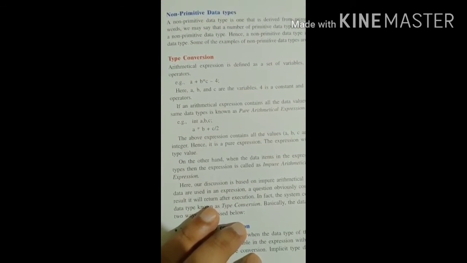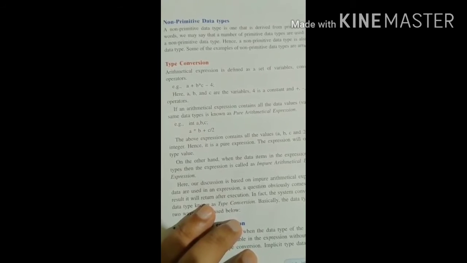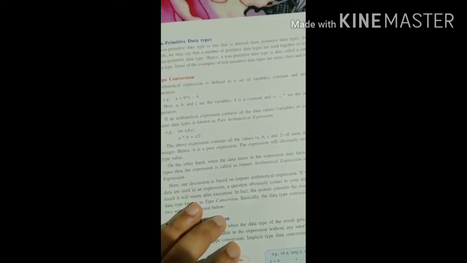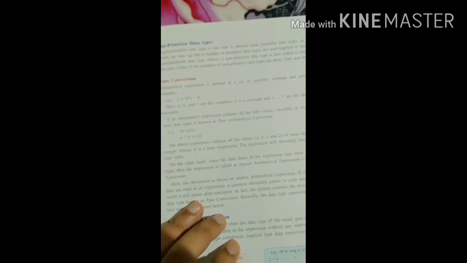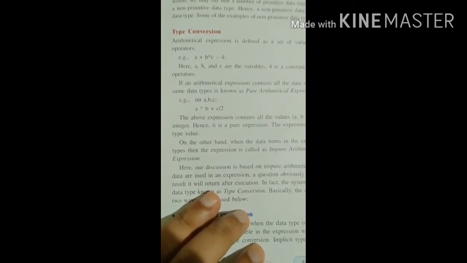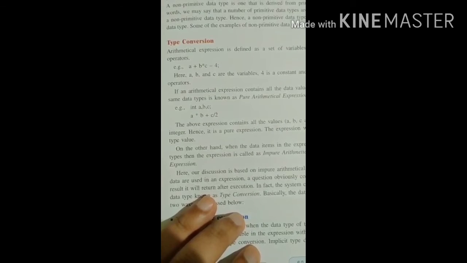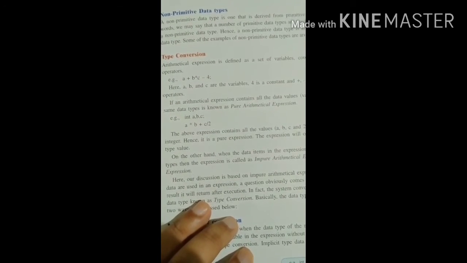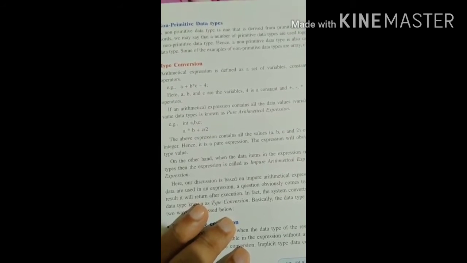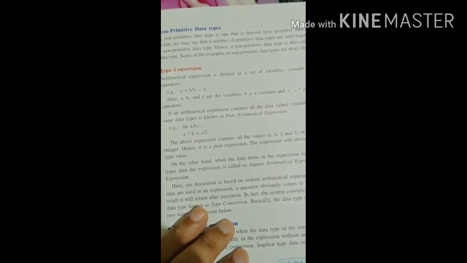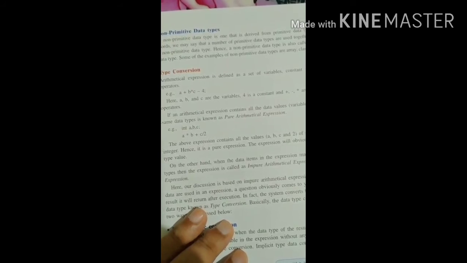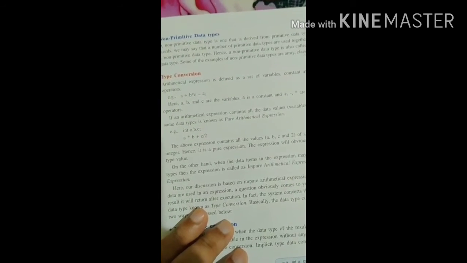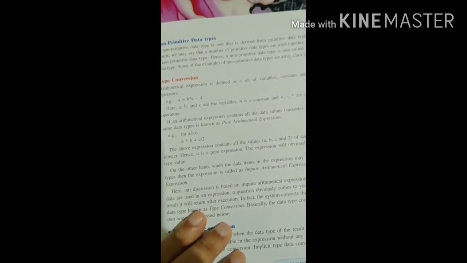Type conversion. An arithmetical expression is defined as a set of variables, constants, and arithmetical operators. In the expression a plus b into c minus 4, this is a pure arithmetical expression, because a, b, c are variables and 4 is a constant, and plus, minus, into are arithmetical operators.